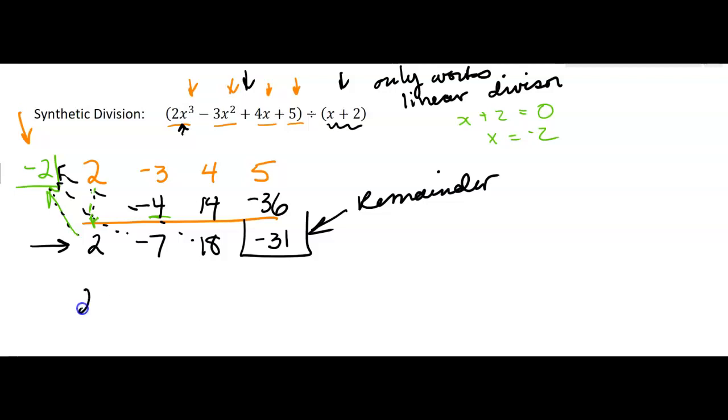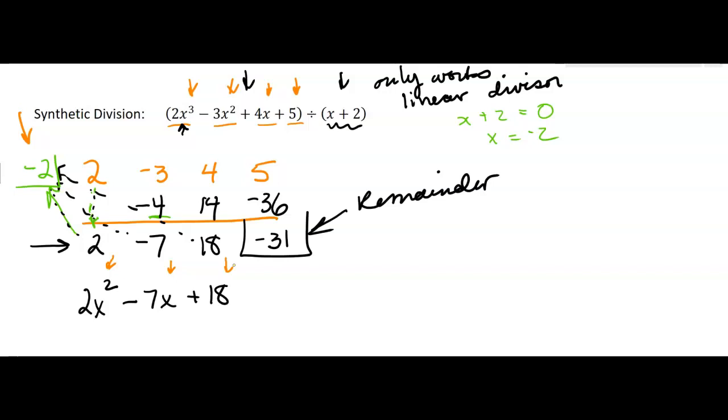So now I'm going to have 2x squared, and then the rest will follow in order. Minus 7x plus 18. So hopefully you can see these exponents going 2, and then 1, and then 0 on x. Or you can just think of it as the constant. So that's going to be the quotient.